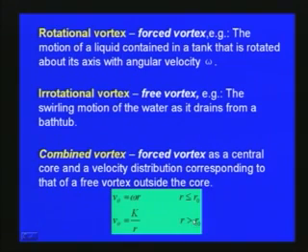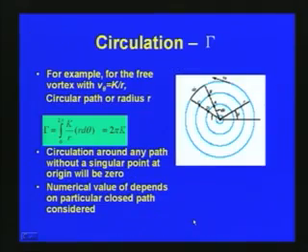As described earlier, now consider the circulation. In this figure you can see the velocity v theta with respect to the radius r, where theta is mentioned. For the free vortex with v theta equal to k by r, a circular path of radius r gives gamma equal to the integral from 0 to 2 pi of k by r times r d theta, which is equal to 2 pi k.